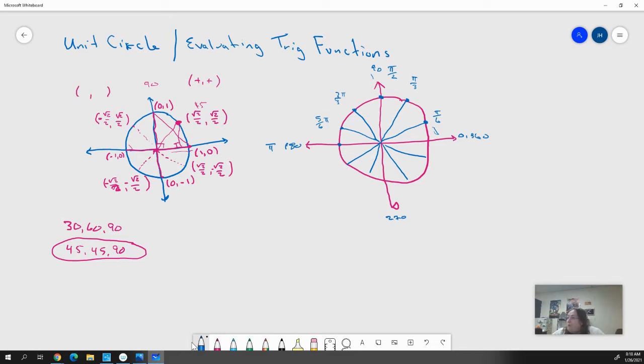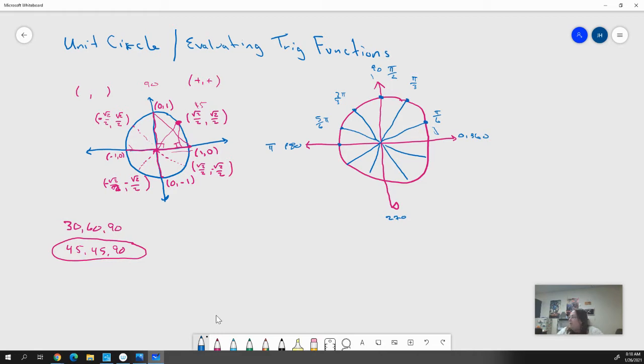When we look at the points, though, just like on our 45-degree angles over here where we had the same points, it's going to work similarly when we're dealing with these 30-degree increments, or 1/6 of pi increments.